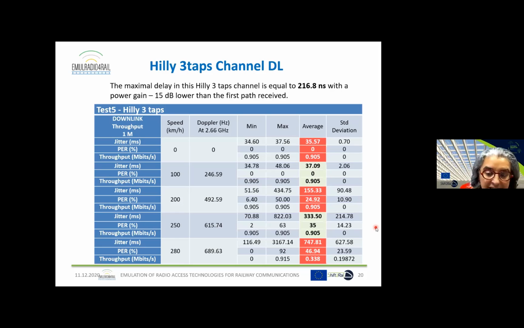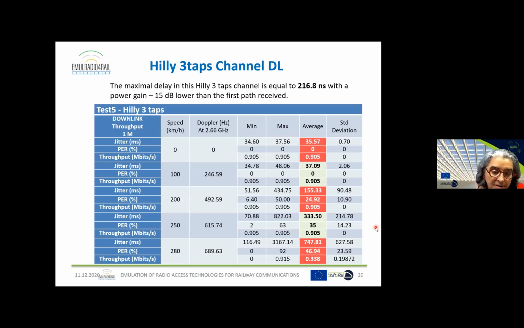Then in this table we have tested several speeds with a classical Doppler spectrum. From the train stopped, we then increase the speed up to 280, and after this the connection is cut, so we had a problem of connection.